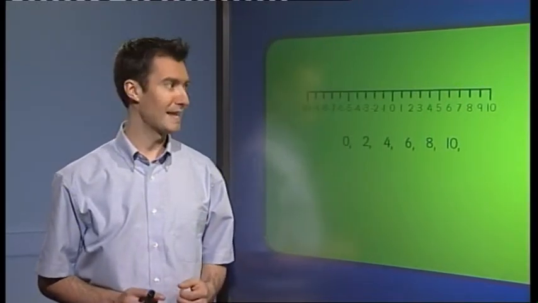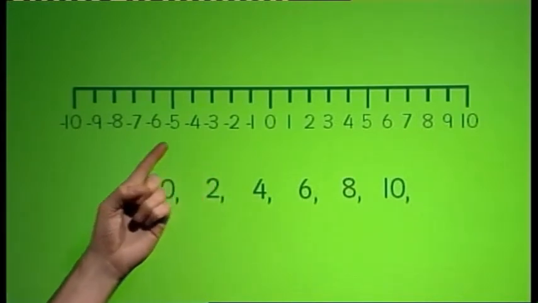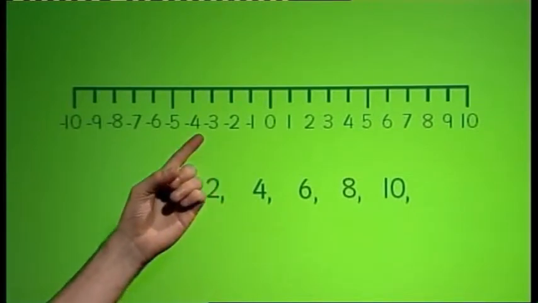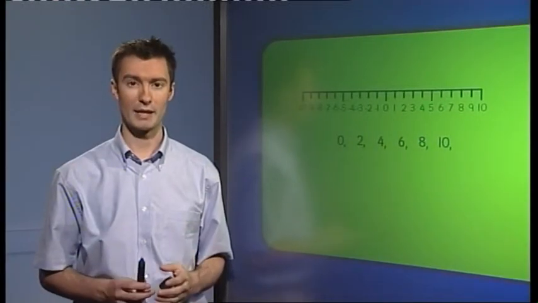Now that's nothing really very new, but in this lesson we're going to be concentrating on the part of the number line that has negative numbers on it. Now they're the numbers that start to the left of the 0. So we've got -1, -2, -3, and so on. So let's start at 0 and count back in twos.